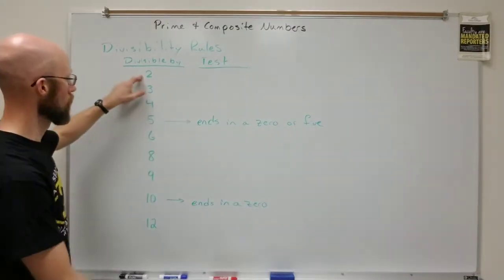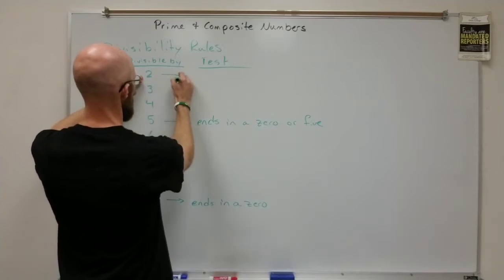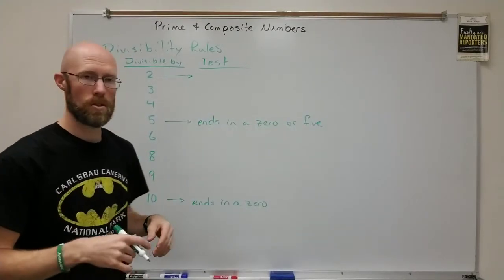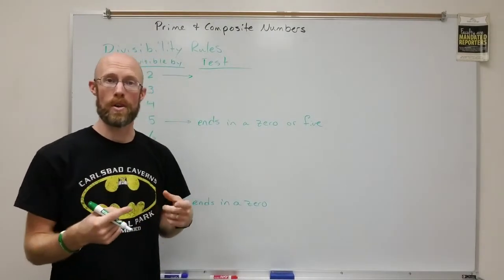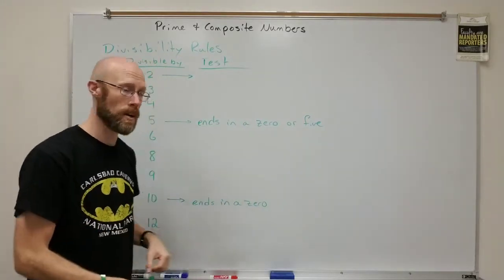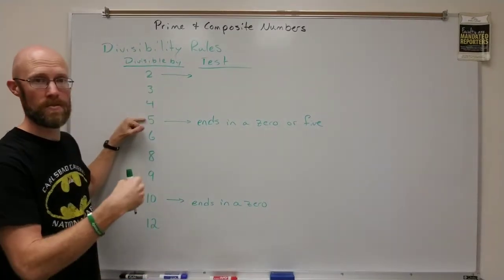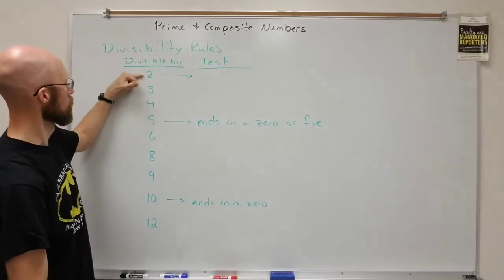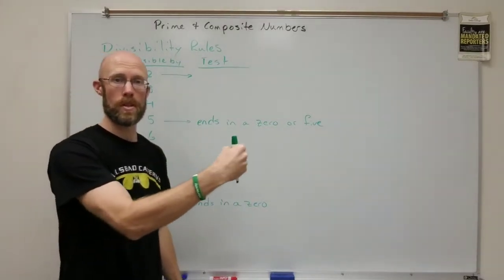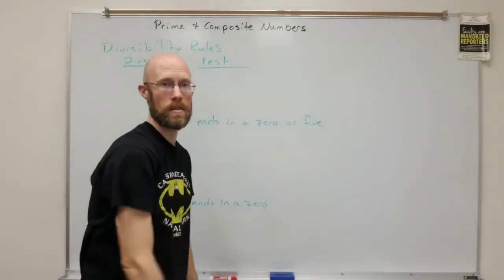So you have this cyclical pattern to the multiples of 2 and the multiples of 5, right? So the cyclical pattern for 5 is 5, 0, 5, 0, 5, 0. For 2, it's 0, 2, 4, 6, 8, 0, 2, 4, 6, 8, and so on.